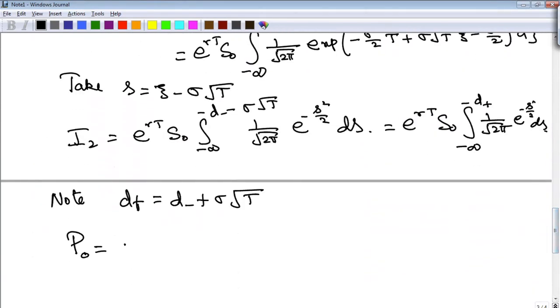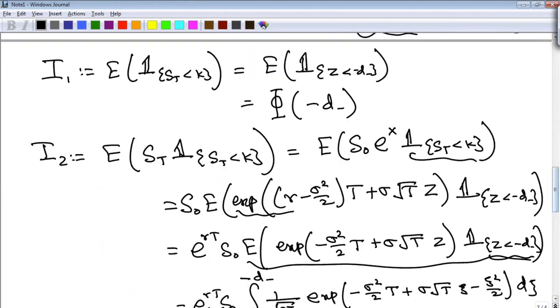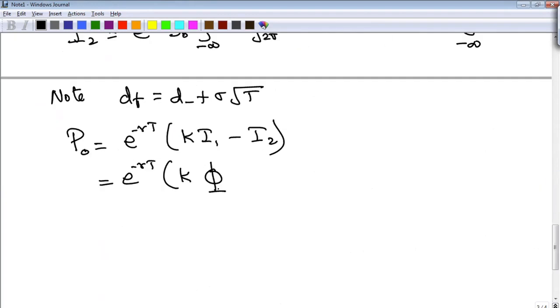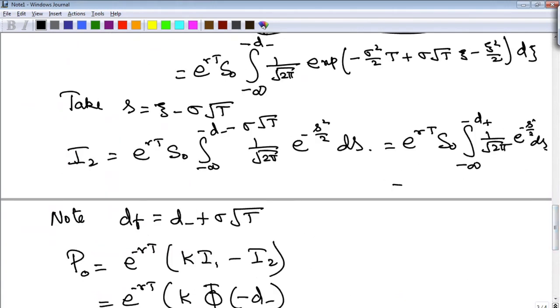Therefore, you have e^{minus rT} into K times I1 minus I2, and that is equal to e^{minus rT}. K times I1 is this, Φ of minus d minus, and this is e^{rT} S_0 into Φ of minus d plus.